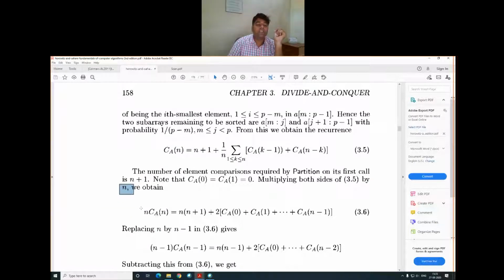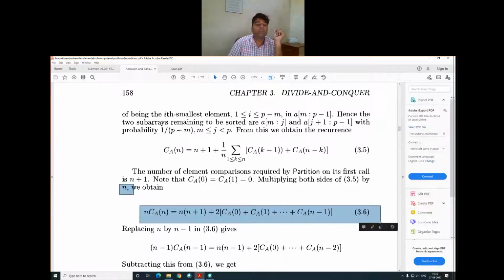Then we get this equation. Earlier we had C of A n on the left side, and after multiplying by n we have n C of A n. And n plus 1 is multiplied by n, so n times n plus 1, plus 2 C A 0 plus 2 C A 1 plus up to 2 C A n minus 1.